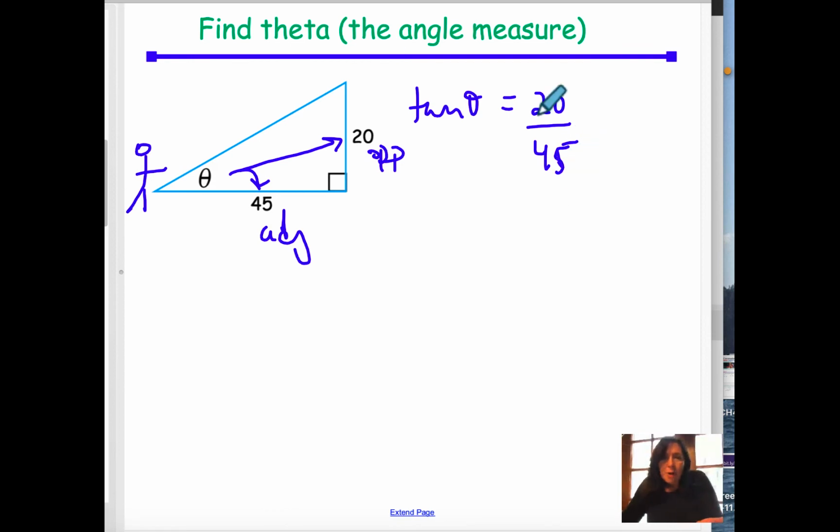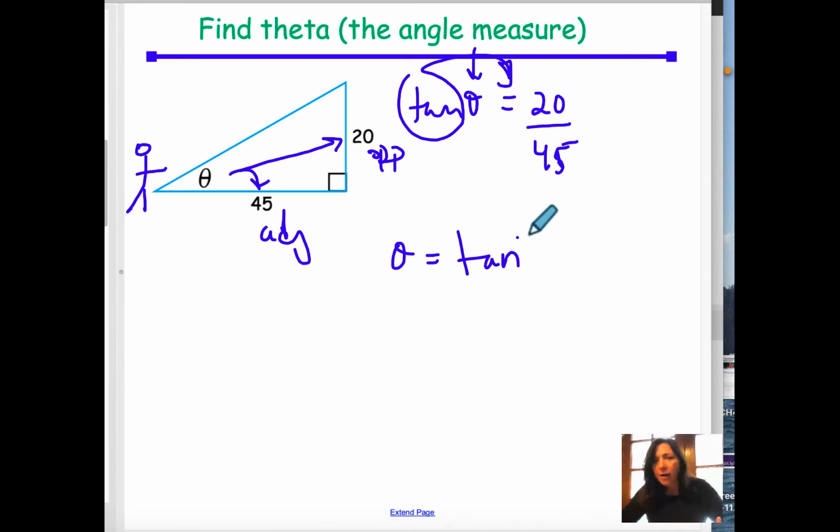A is equal to arctangent of 1. By the way, you're always putting yourself at that angle where you're standing. You are never going to put yourself at the right angle, ever. So A is now going to be equal to arctangent of 1. And so take a minute and go do that. Find arctangent of 1.